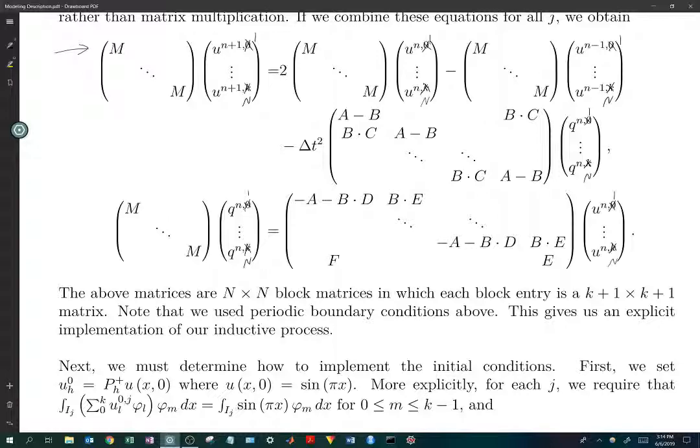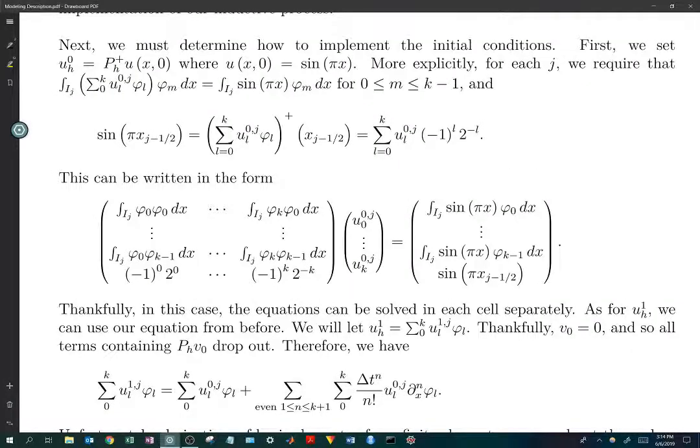And now we need to worry about the initial conditions. First, u_h^0, the initial condition at the very first time point, is just going to be this projection. This is a particular projection that's discussed in the textbook.